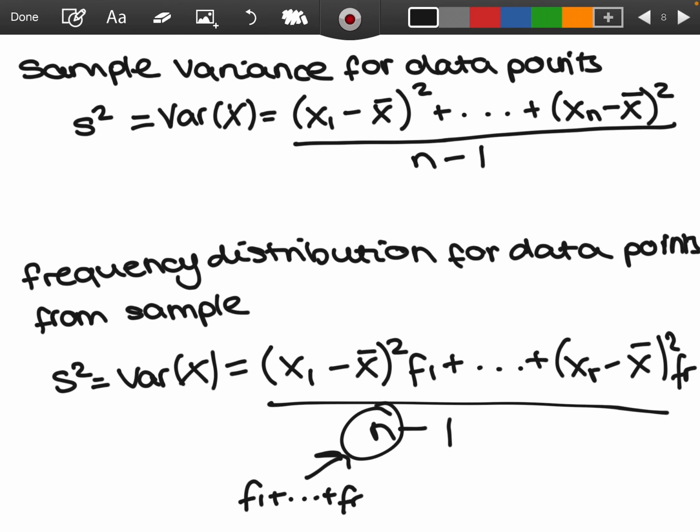Once you have done that, you're going to go into stat, calc, one variable stat. Your list, L1, is always your list of data points or your list of outcomes. So list 1 with a probability distribution is just going to be your list of outcomes. Same with your frequency distribution.